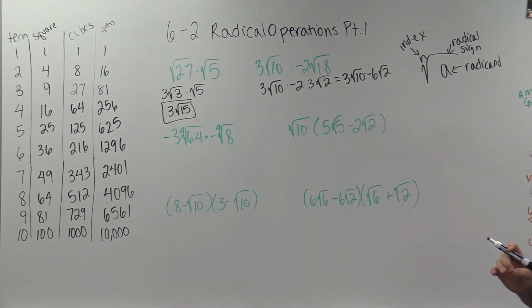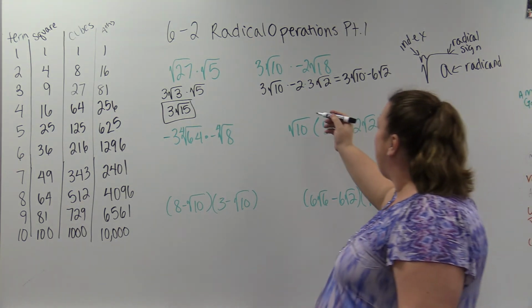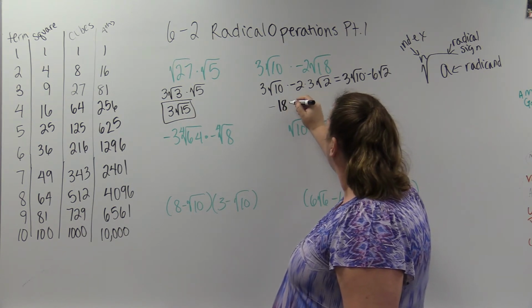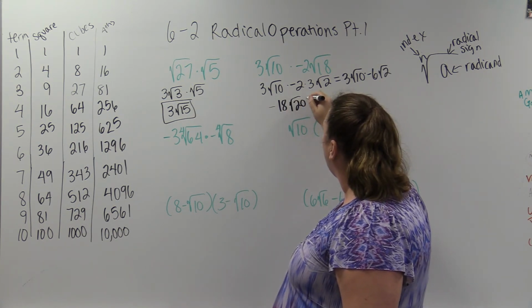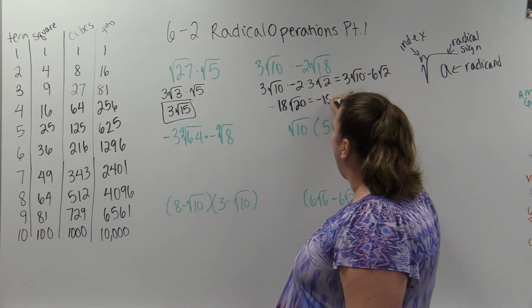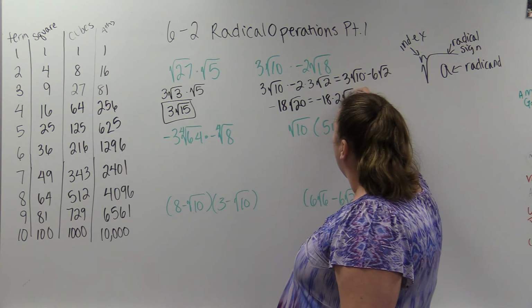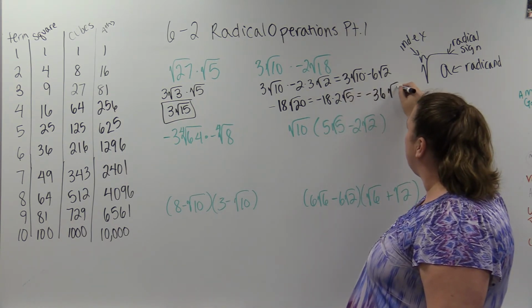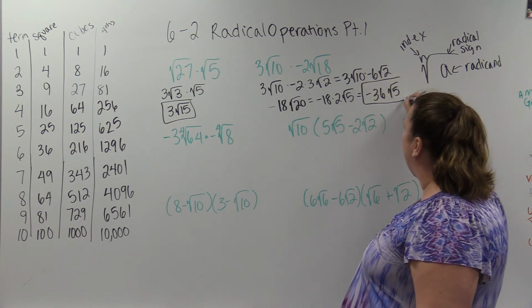We're not subtracting anymore. So I know that this is negative 18 square roots of 20, but 20 is 4 times 5. So the square root of 4 is 2. So I get negative 36 square roots of 5 as my final answer.